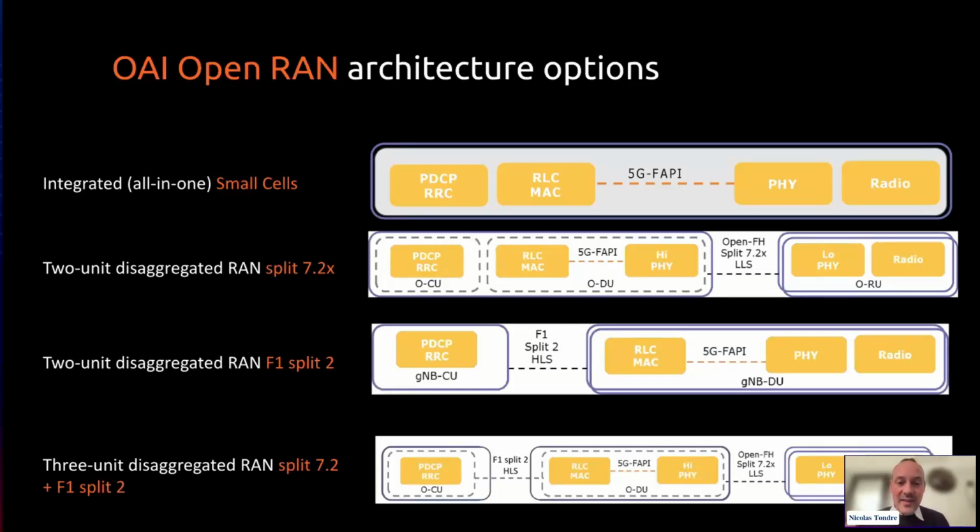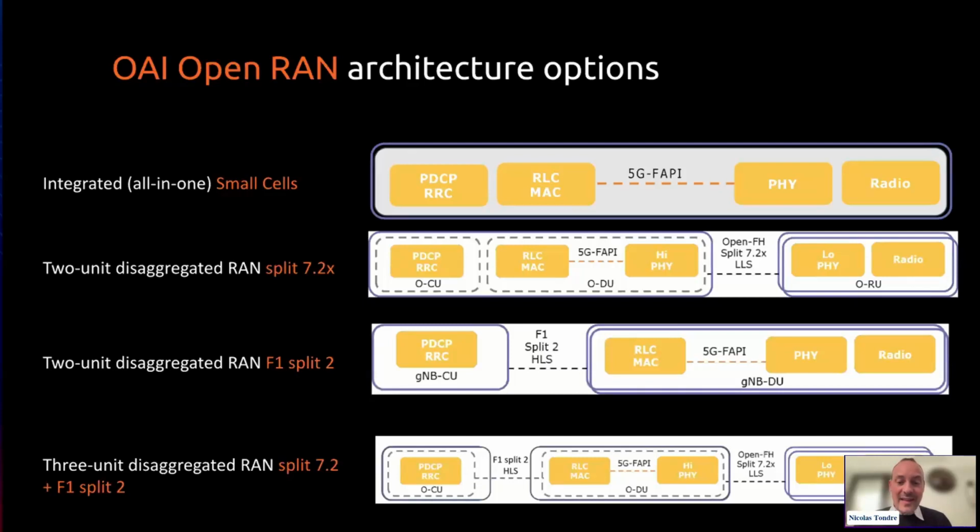On the third line, you see another kind of architecture where you have the G-Node B centralized unit separated from the G-Node B distributed unit. CU and DU are separated by an F1 interface, called split 2, in reference to the previous 3GPP diagram.